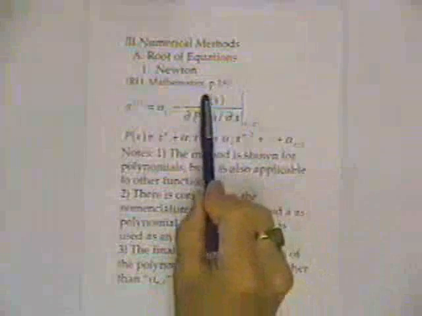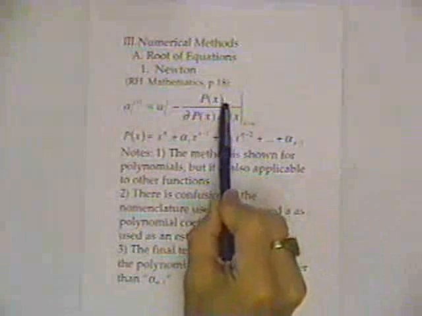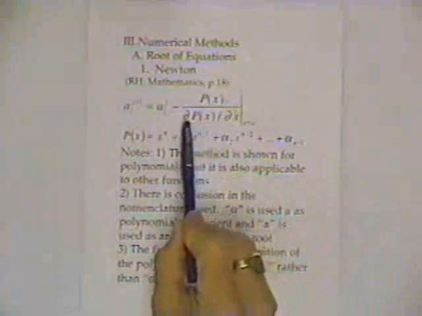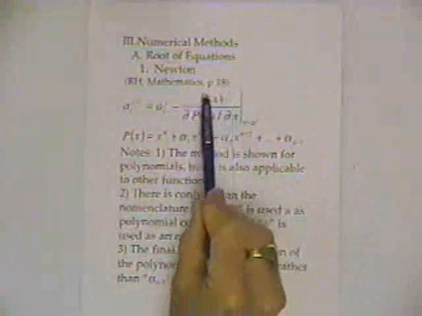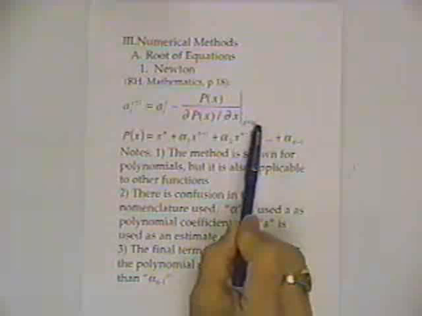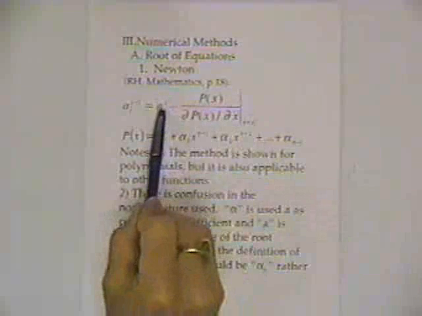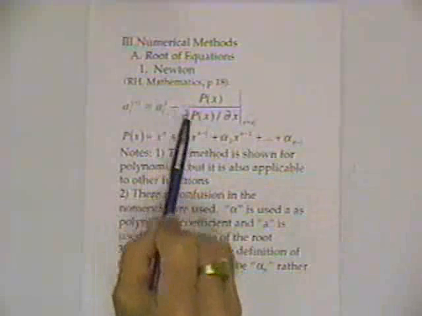So what Newton's method needs is you need to calculate the value of the function for which you're trying to determine the root, the p of x, and you need to be able to calculate the first derivative of that function. Both of those are evaluated at x equal to the jth estimate. In this nomenclature, the subscript i represents which root you're trying to find.